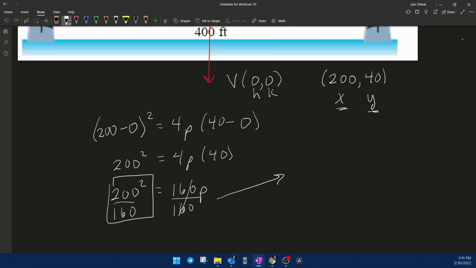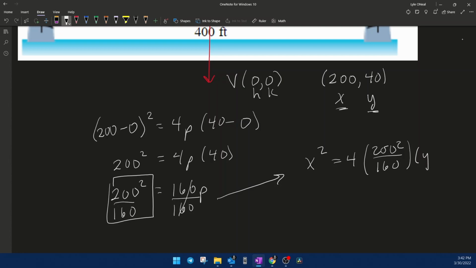All right, so that's going to be (x minus h) squared. Remember, h is 0, so x minus 0 is just x squared, equals 4 times p, which is going to be 4 times that fraction, times (y minus k).